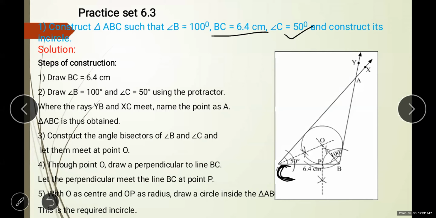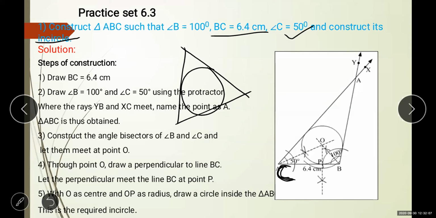Now, as we have to construct an incircle, inside the triangle, it touches the sides. So as it touches the sides of the triangle, we have to construct the angle bisector. What do we have to construct? Angle bisector.